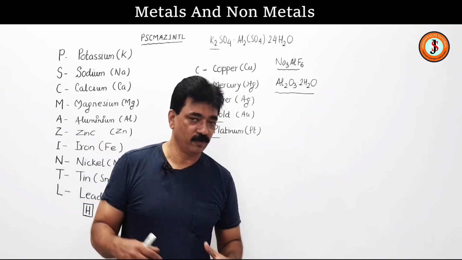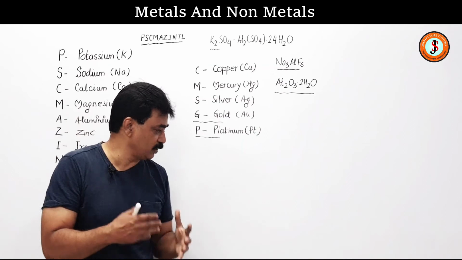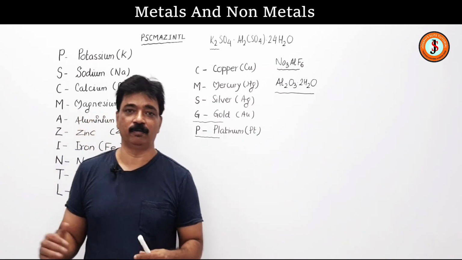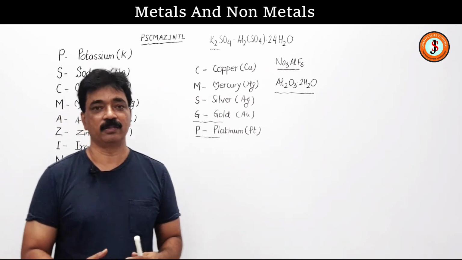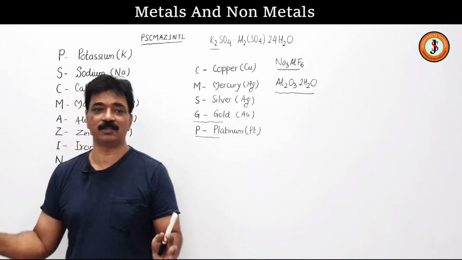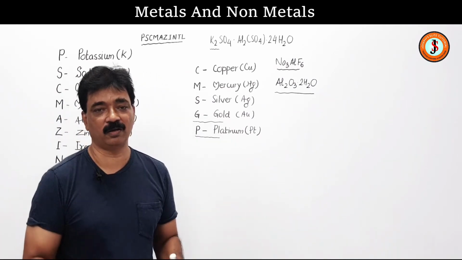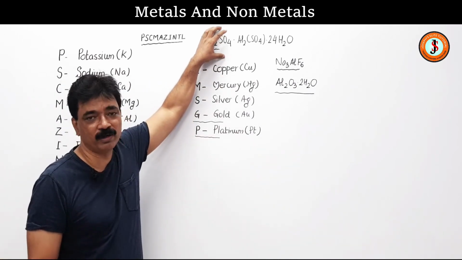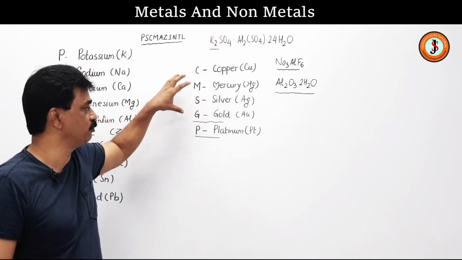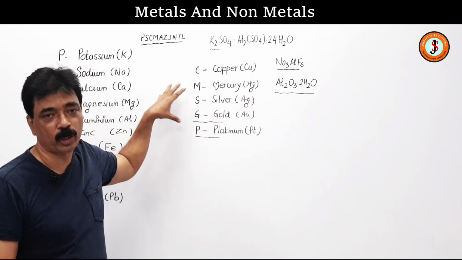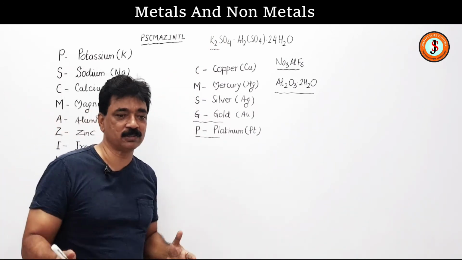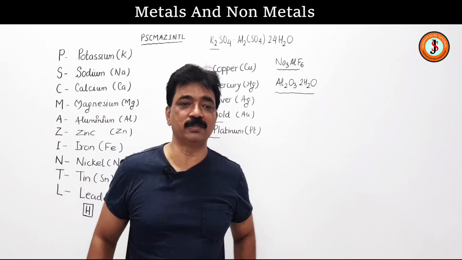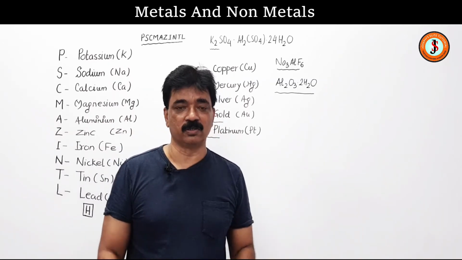Now, when we are working on metallurgical processes, we have to understand that all substances which are found on earth's crust are called minerals. Minerals can be compounds of metals, non-metals, and a mineral can be directly a metal or a non-metal. All the substances which are found in or on earth's crust are called minerals.